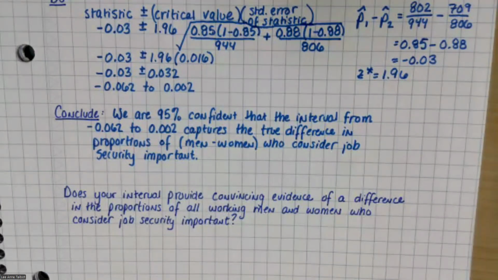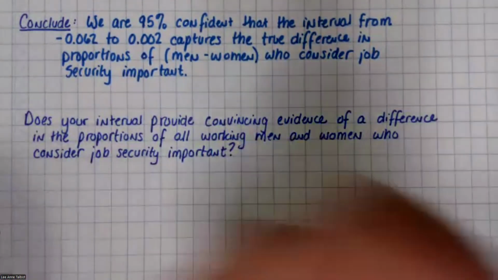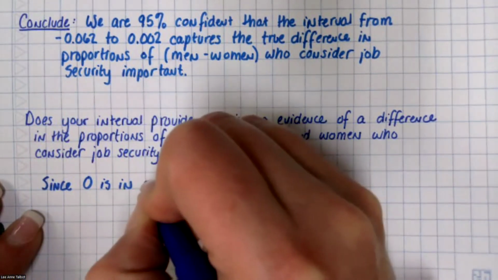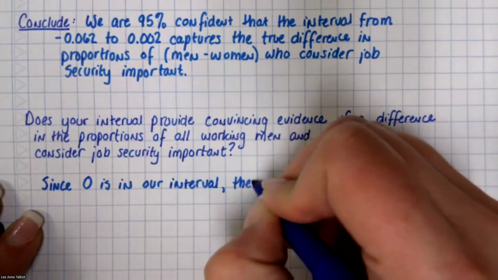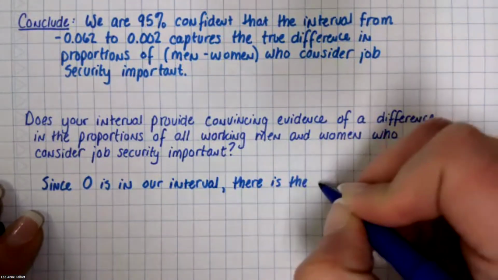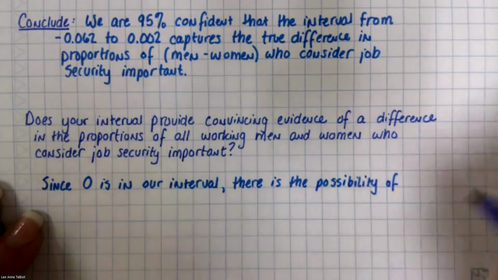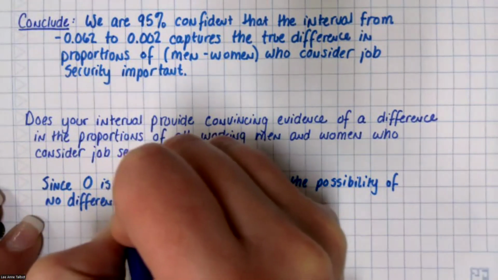What you do is look for zero. Is zero contained in your interval? Yeah, zero is in there, which means there's a possibility of no difference. Since zero is in the interval, there's the possibility of no difference, so you do not have convincing evidence. So you're going to say it like this: since zero is in our interval, there is the possibility of no difference between men and women.